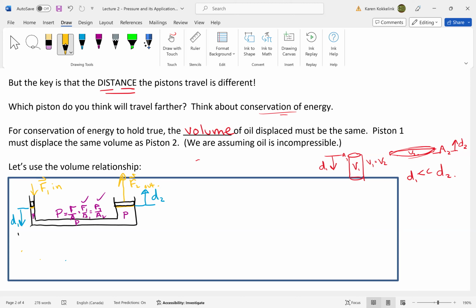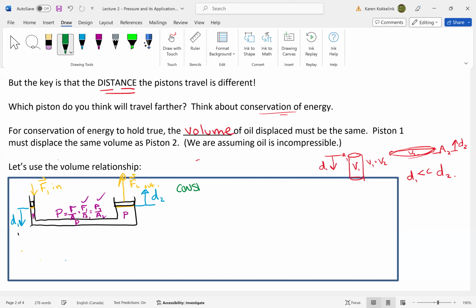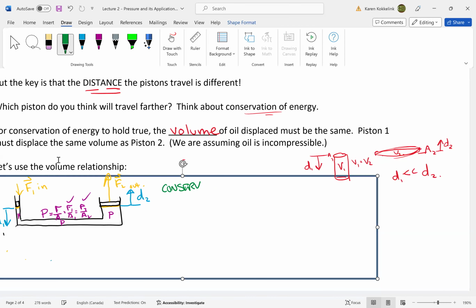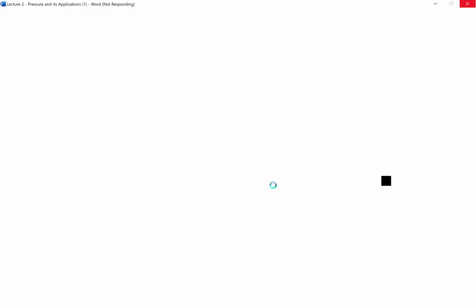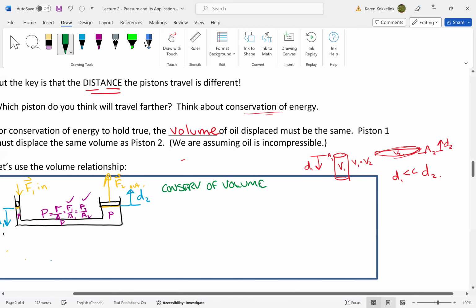But if we look in general at conservation of volume, that means that volume 1 equals volume 2.